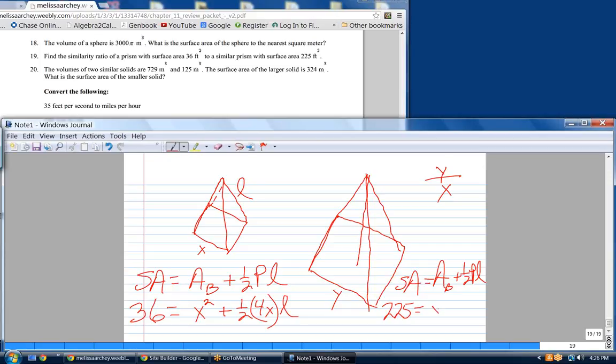So the area of the base is y squared plus 1/2 times 4y times lambda of the bigger one, because it's not the same lambda.